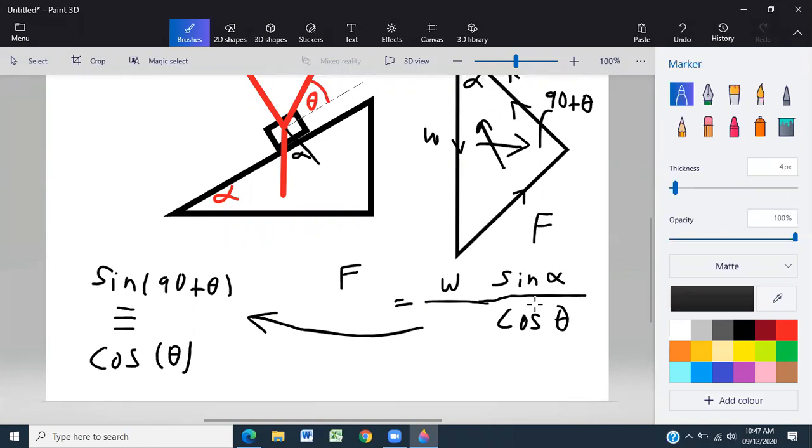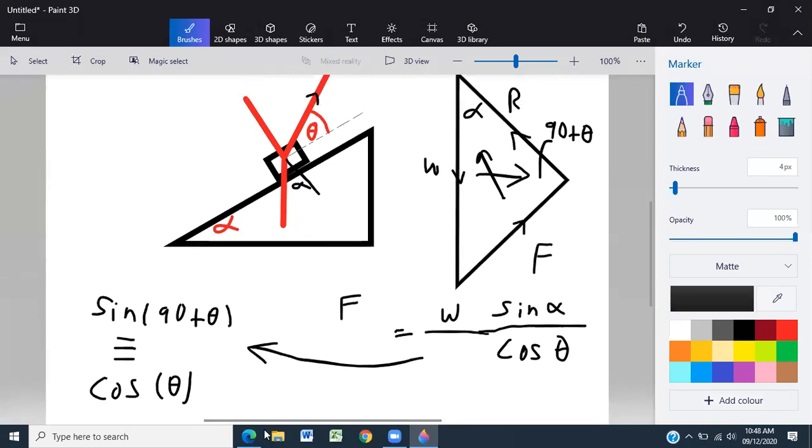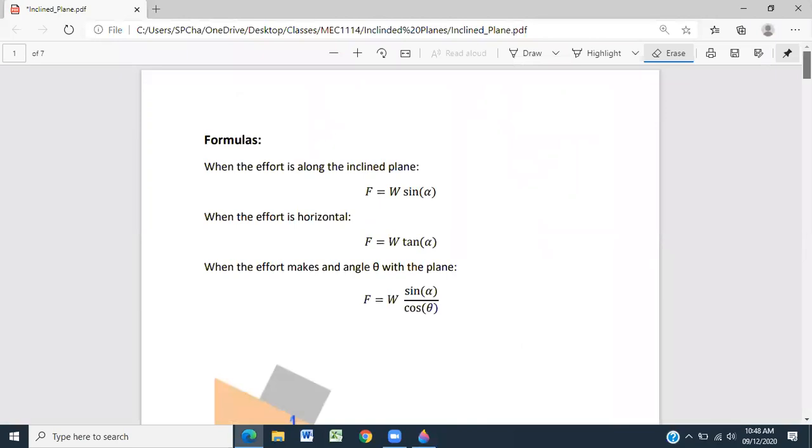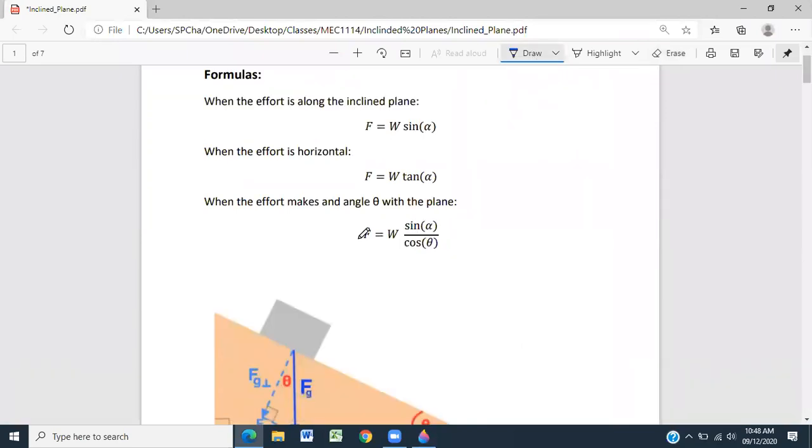No. Okay. And for this case, this is how we find f, right? So this is our third and final formula, and these are all the cases you're going to come across. F is equal to W sine alpha over cosine theta.